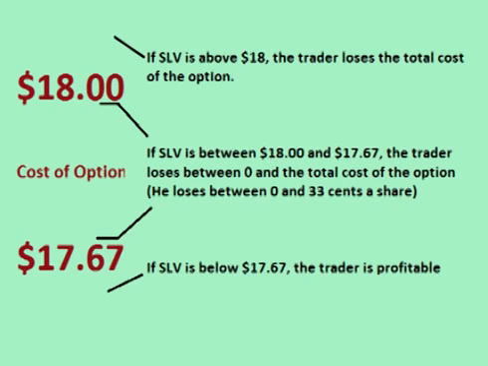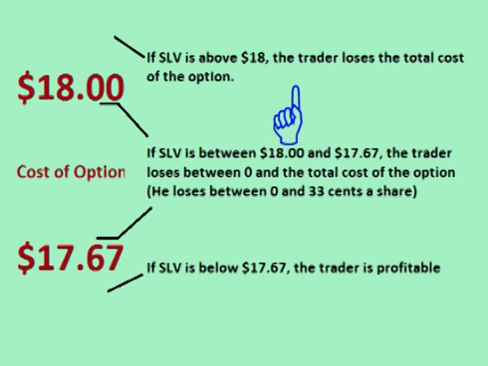If SLV stays at or above $18 a share, the trader would not choose to use his option to sell the stock at $18 per share, since he can get more than $18 per share by selling it at the current price. Therefore, the option expires worthless, and the trader loses the 33 cents he paid up front. If SLV drops below $18 per share, but not below $17.67 per share, the trader does use his option.